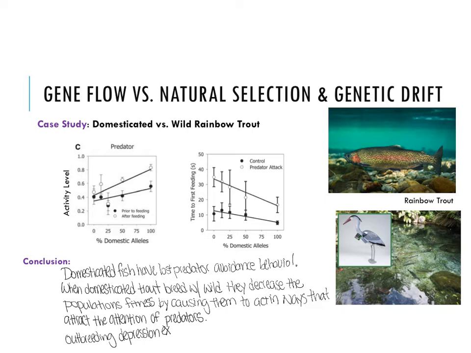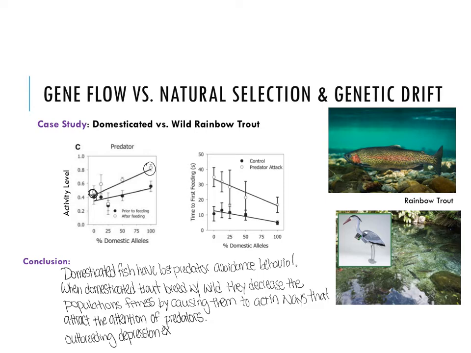And you can see it in these graphs, right? So on the x-axis is the percent of domestic alleles that a fish has. If they're at 100%, their activity level is way higher than if they're at 0% domestic alleles. And if your activity level is higher, that means you're away from the bottom, you're not hiding, you're exposed to predators. In addition, if you have more domestic alleles, you are, especially if you're hungry, right?